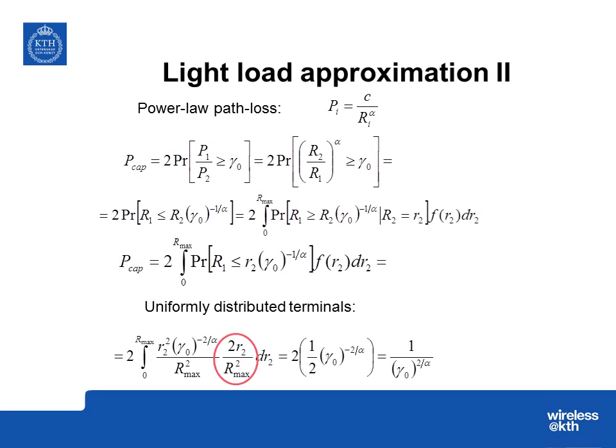That's the density function of a uniformly distributed random variable over a disk of radius r max. And doing the math here, we can compute the capture probability as the expression we see on the right.